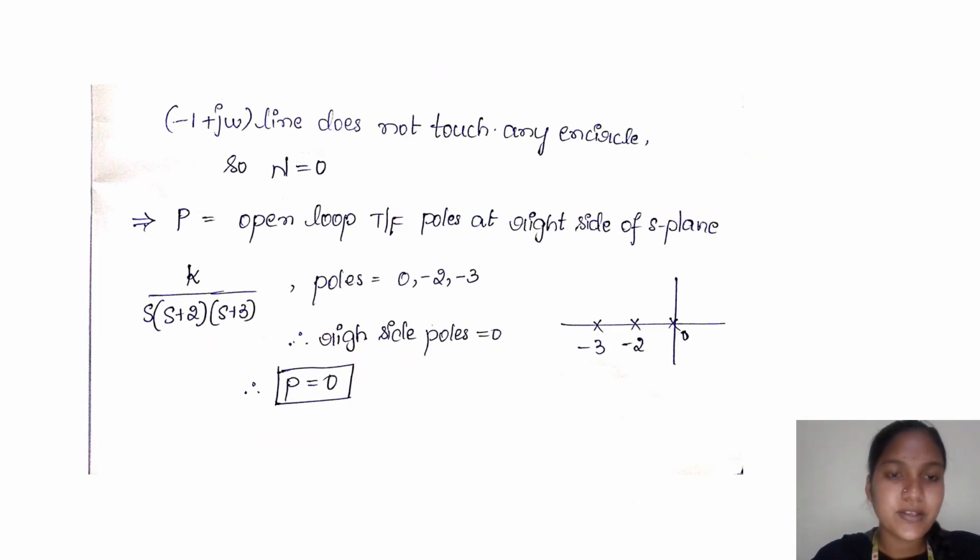So the minus 1 plus j omega line does not touch any encirclement, so N is equal to 0. Also, P is equal to the open loop transfer function poles at the right side of the S plane. If we see the poles, they are 0, minus 2, minus 3. So no pole exists on the right side, so P is equal to 0.